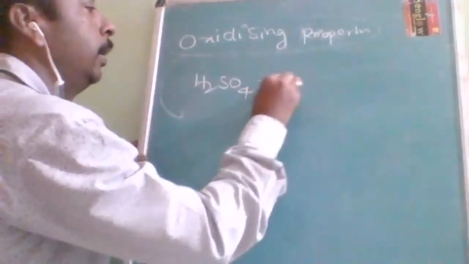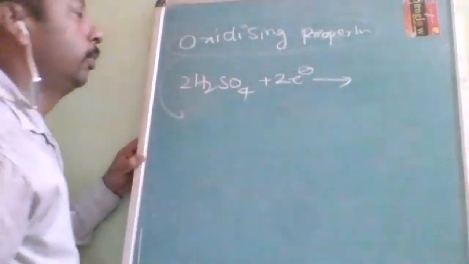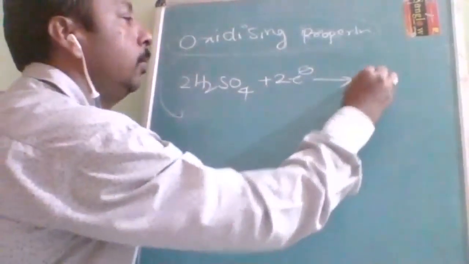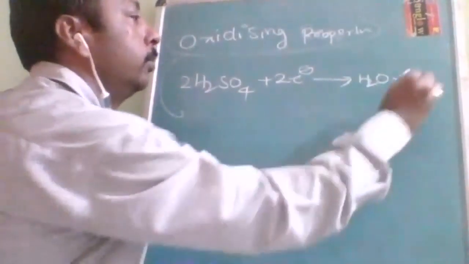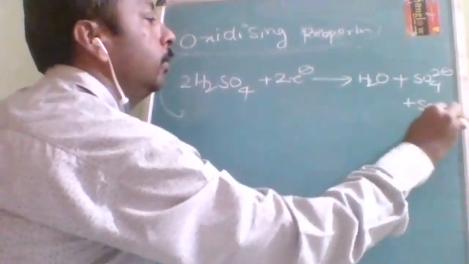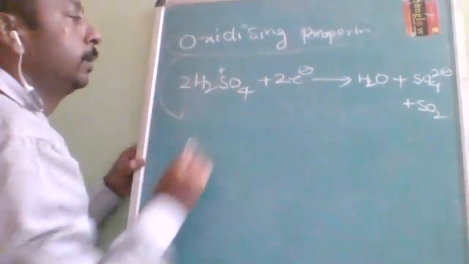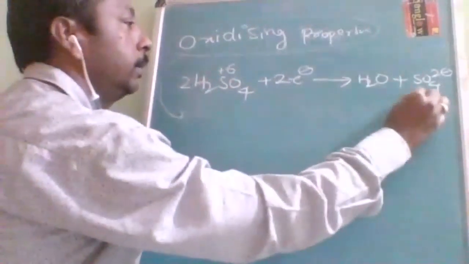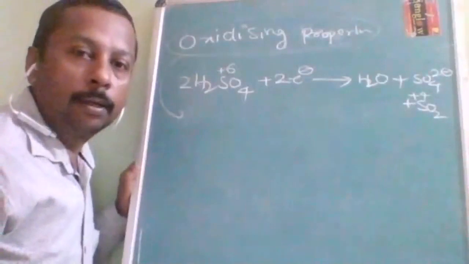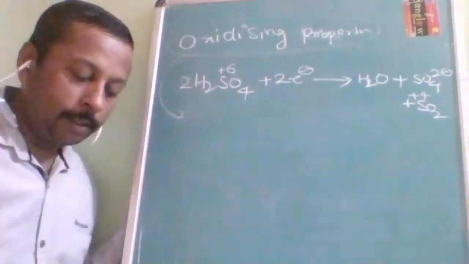So for them I am writing this equation: 2 moles of H2SO4 accept 2 electrons to form H2O, SO4 2 minus, then SO2. Here one sulfur is reduced from plus 6 to plus 4. So it is undergoing reduction and will act as an oxidizing agent.